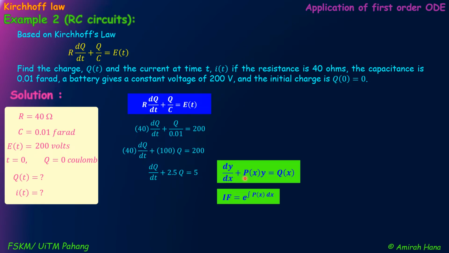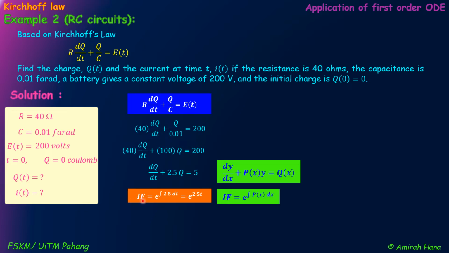When we compare, our p(x) now equals 2.5, so this is actually our p(t). So IF equals e to the power of the integration of 2.5 with respect to time, which is e to the power of 2.5t.